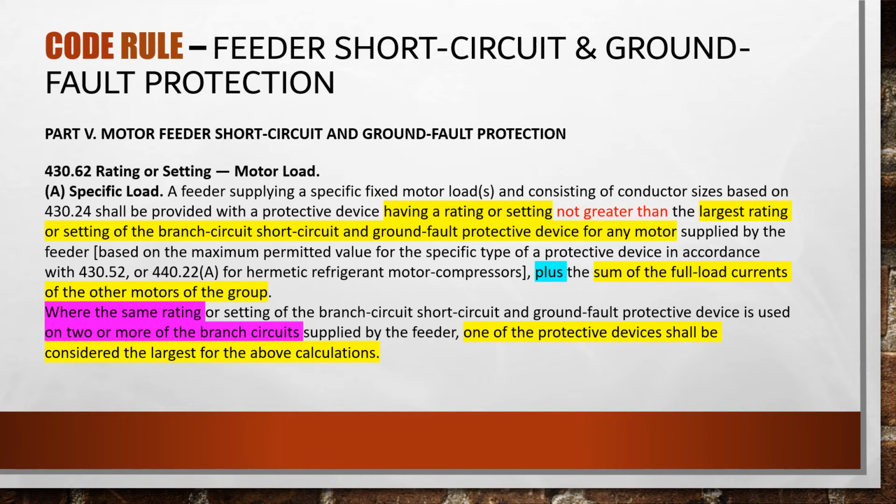Number 1: the largest rating or setting of the branch circuit short circuit and ground fault protection for any motor, or also for any hermetic refrigerant motor. This is also applicable, plus the sum of full load currents of other motors of the group.